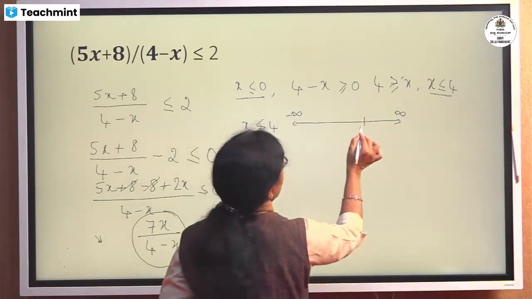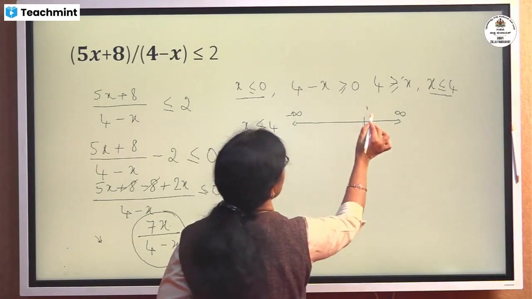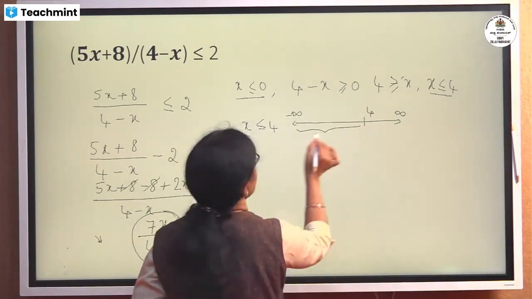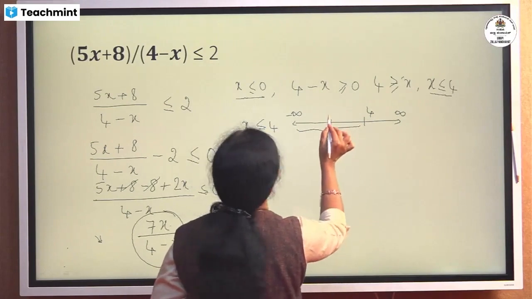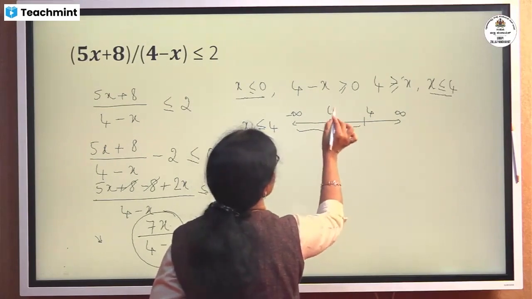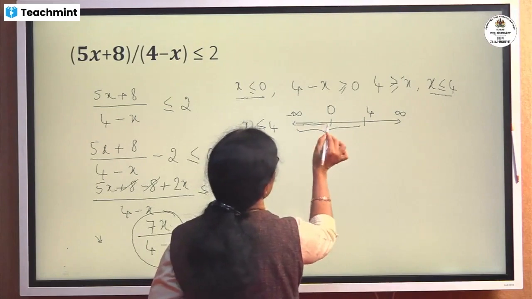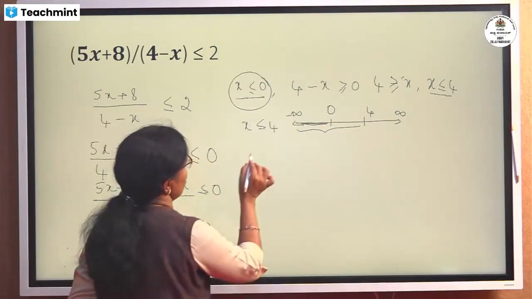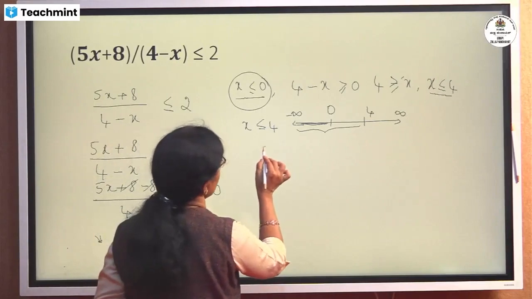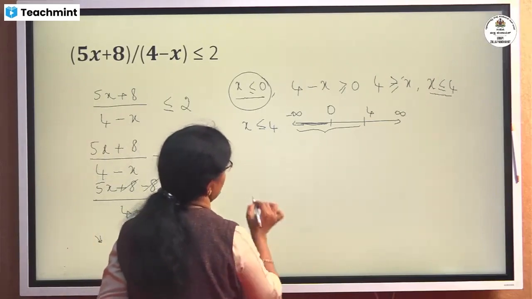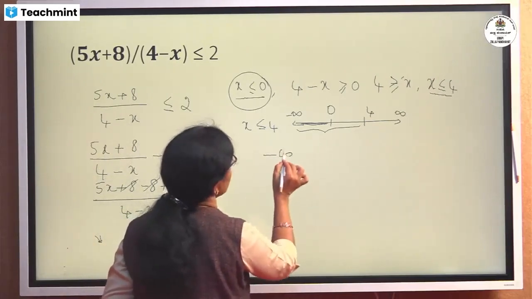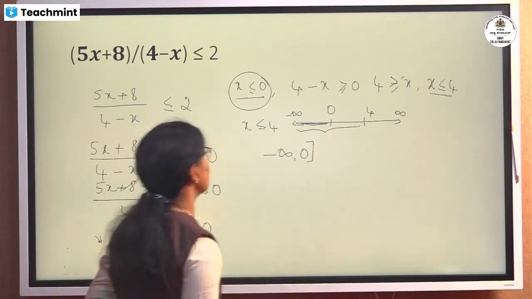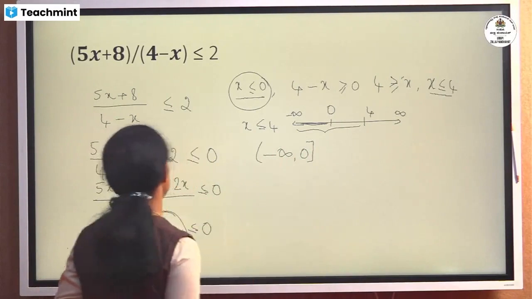All these are the solution. X is smaller than or equal to 0. So the common condition is x is smaller than or equal to 0. Therefore, I will take the interval minus infinity to 0. 0 is included here and minus infinity is open.